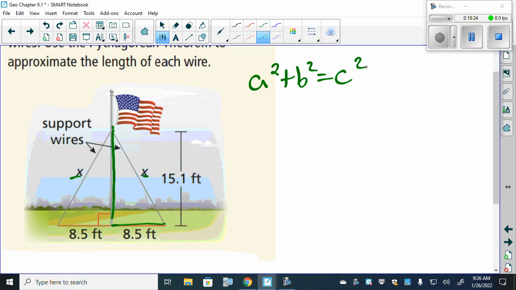What is the hypotenuse for this here? So our 90 degrees is here, and the side opposite it is x.